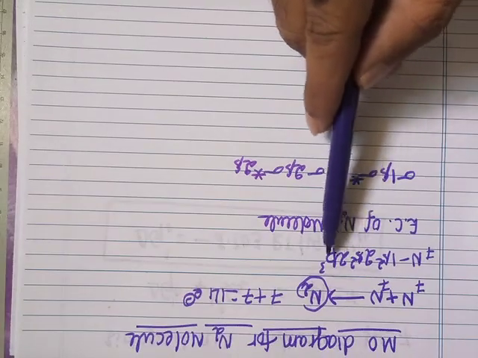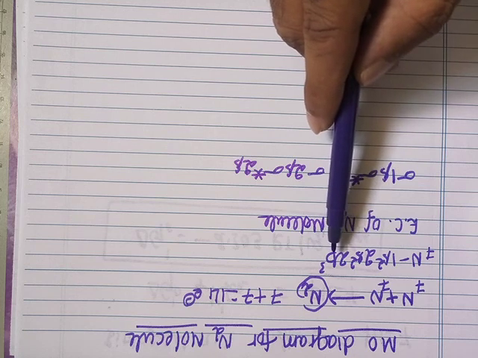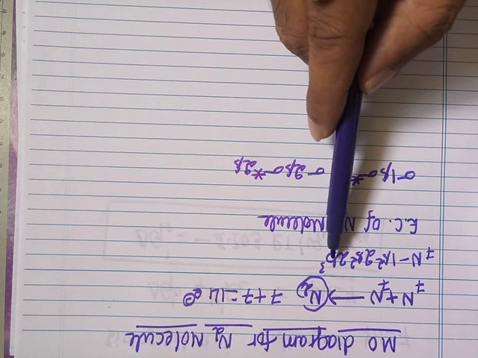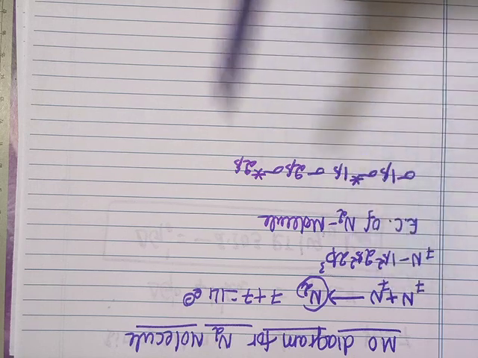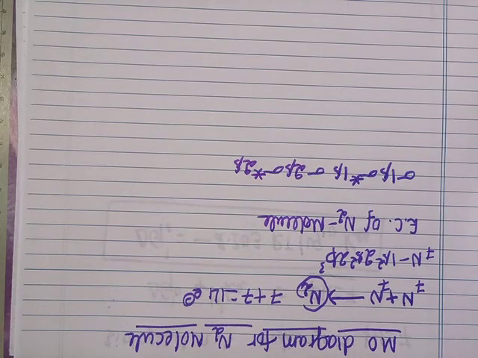The p orbital has three orientations, px, py and pz. When these p orbitals of the two nitrogen atoms combine, they form BMOs and ABMOs.